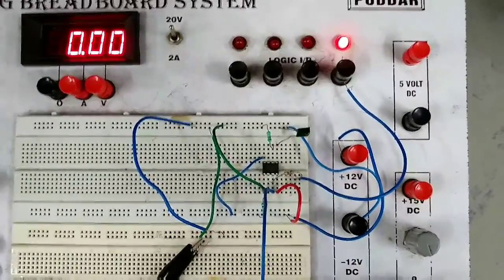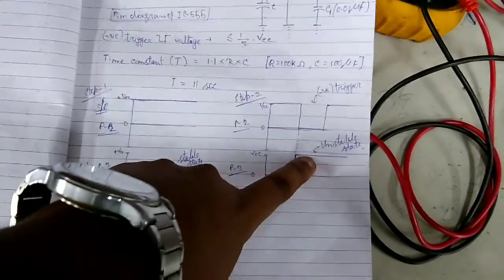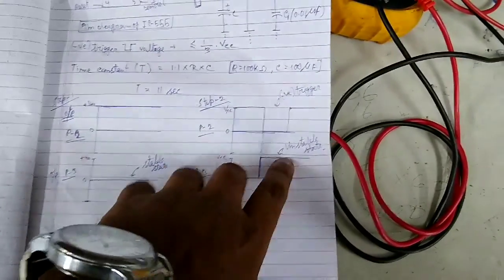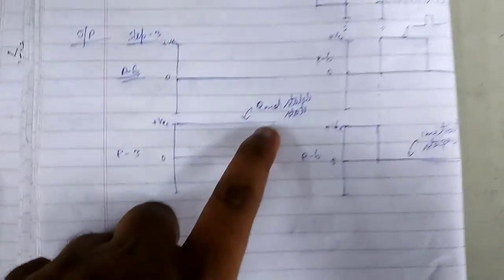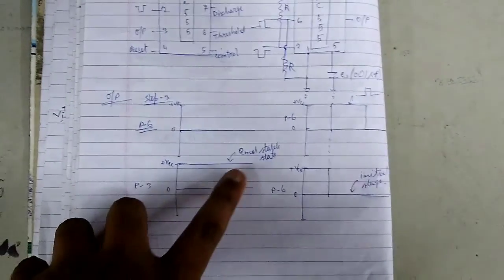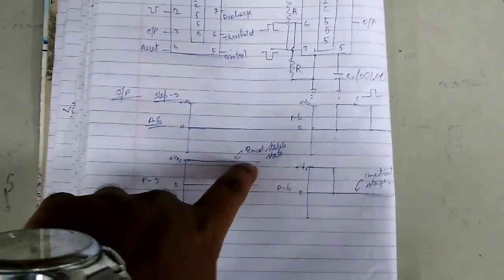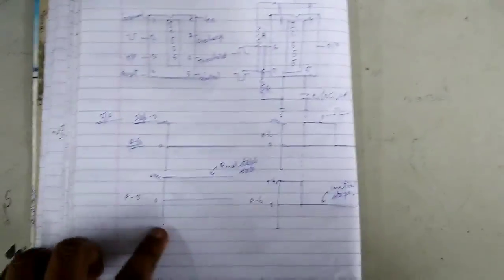This is bistable multivibrator, so when output becomes high, the second stable state of the multivibrator, this is written here, this is the second stable condition of bistable multivibrator. First stable condition is the initial state, and second stable condition is when you are applying the negative trigger. It is not unstable condition, it becomes the second stable condition of bistable multivibrator.